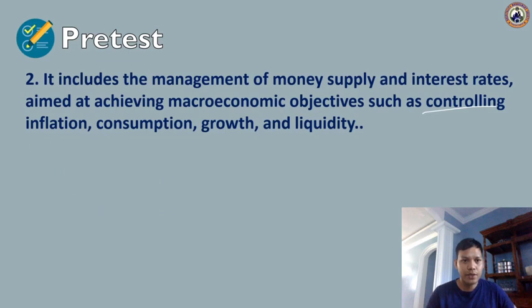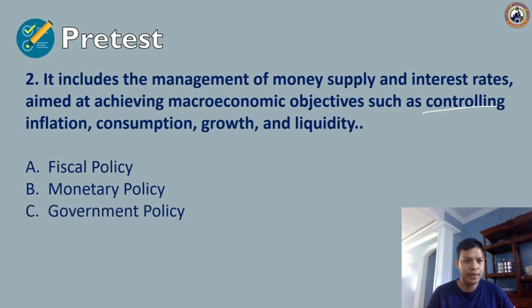Now let's proceed to question number two. It includes the management of money supply and interest rates, aimed at achieving macroeconomic objectives such as controlling inflation, consumption, growth, and liquidity. A. Fiscal policy. B. Monetary policy. C. Government policy.